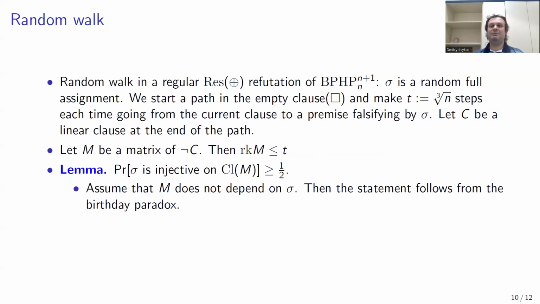Then the statement of the lemma is true just because of the paradox. The size of the closure is at most 2^t, and t is small. Then the random assignment is injective. Unfortunately, M does depend on sigma, and a more complicated argument should be used to prove this lemma.